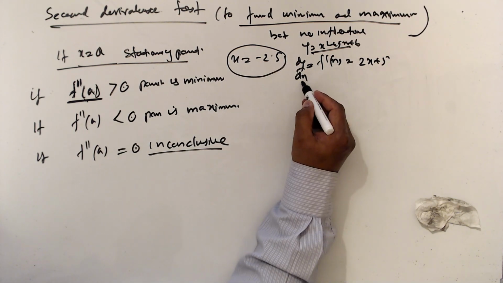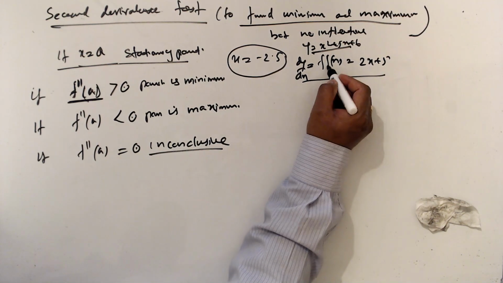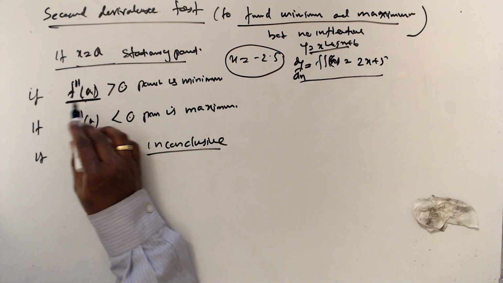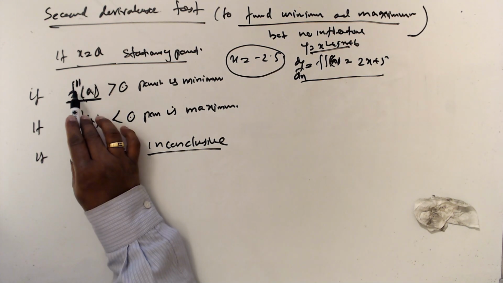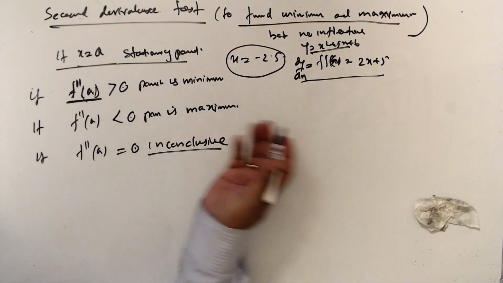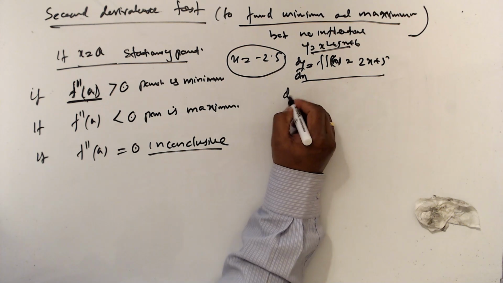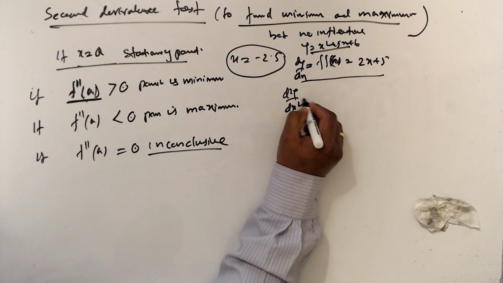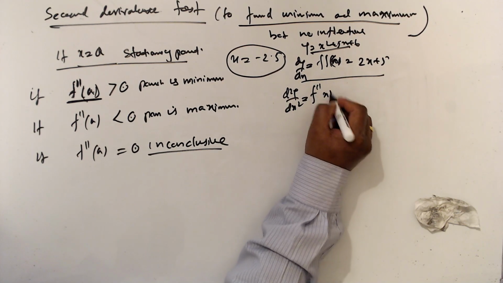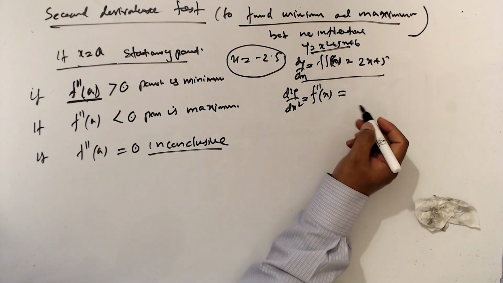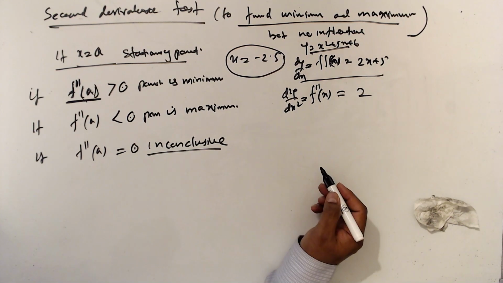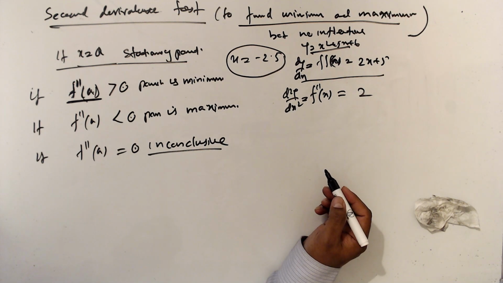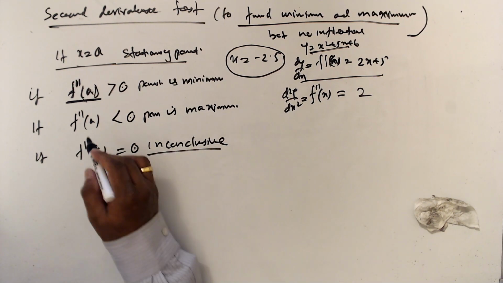Now what is the instruction given? Double prime. It means we have to differentiate one more time, d squared y over dx squared, or f double prime. What is the value? 2. Now at which point?